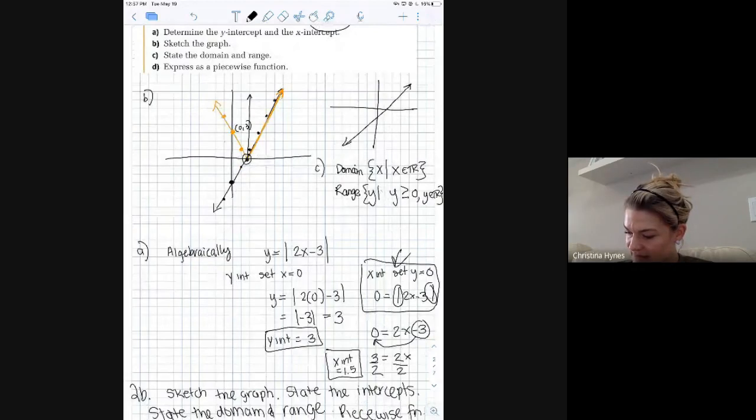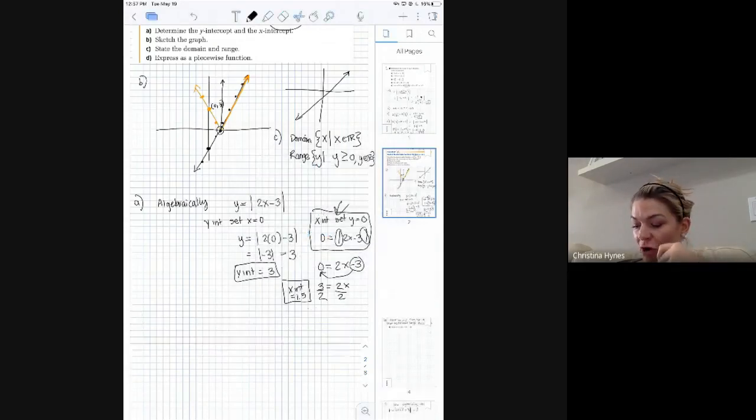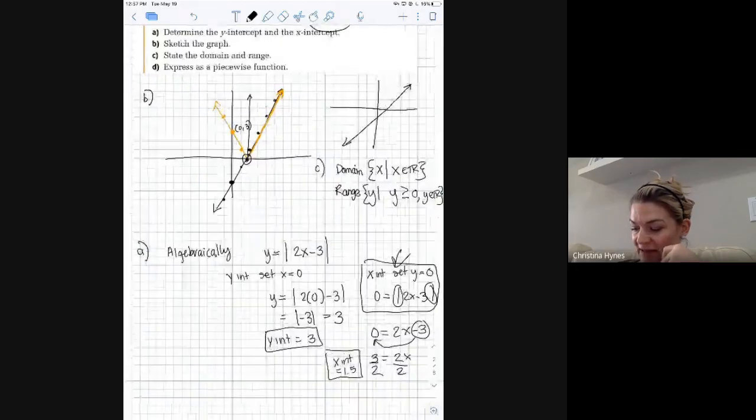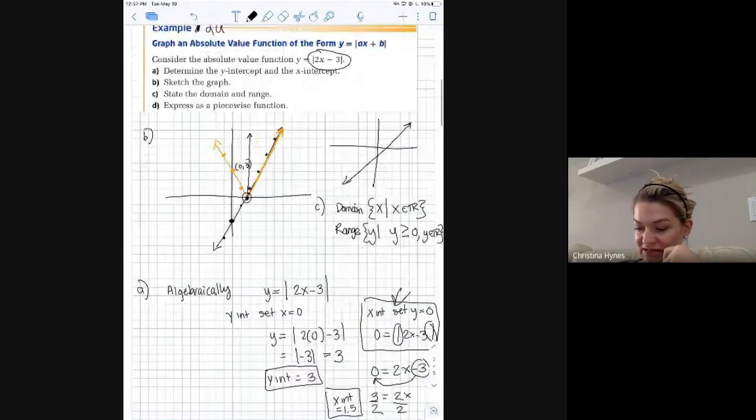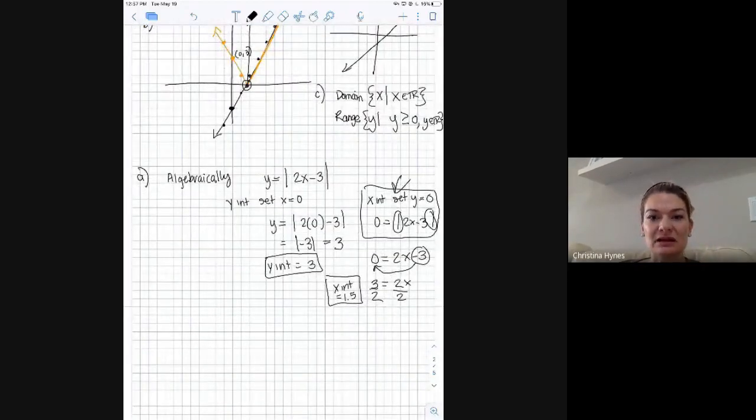Now there's one more part to it. I'm trying to remember. I don't think there's anything in 30-1 about piecewise function, but it comes back in calculus. So if you are planning on going into calculus, then you'll see piecewise functions come up a lot, okay? The reason being is piecewise functions are really applicable in real life scenarios.